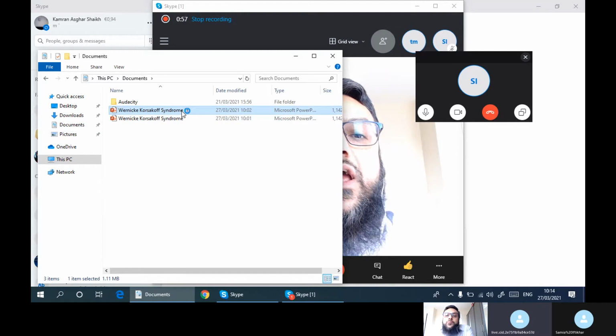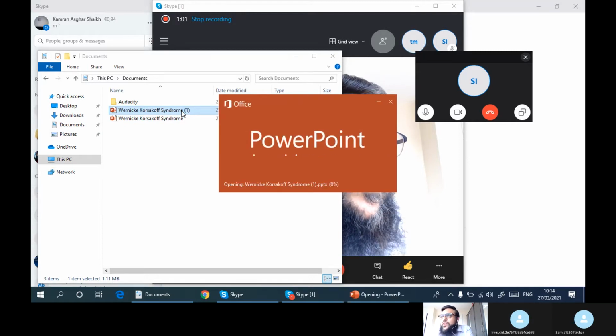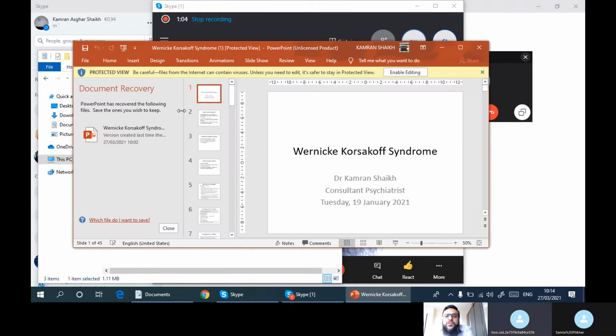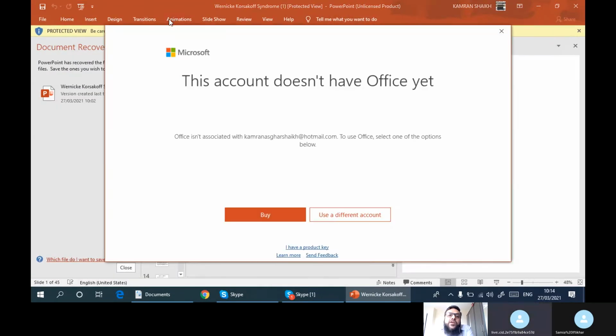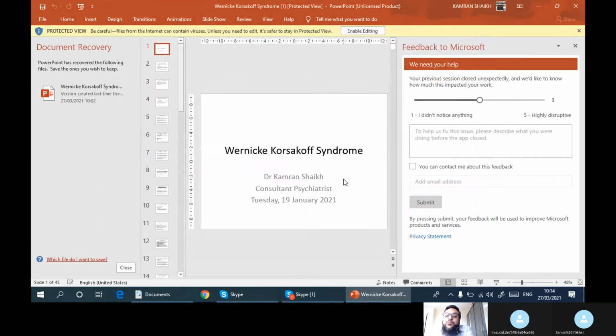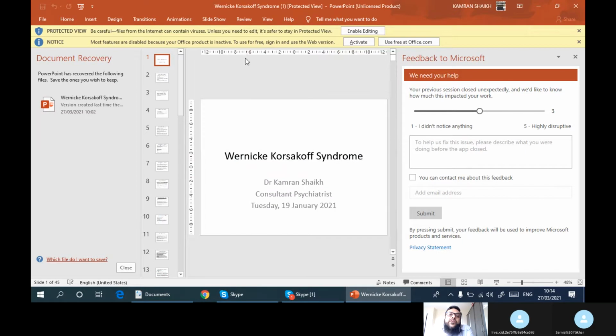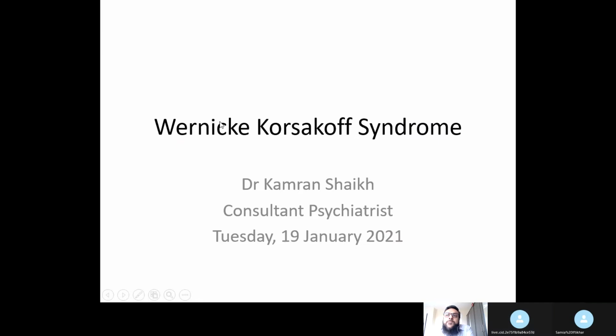And the prime deficiency, as we already discussed in Wernicke's encephalopathy, is thiamine deficiency, which causes amnesia. So basically, the thing which is responsible is amnesia.